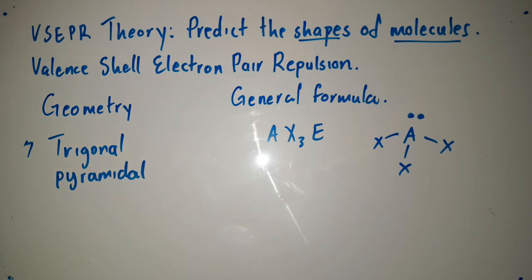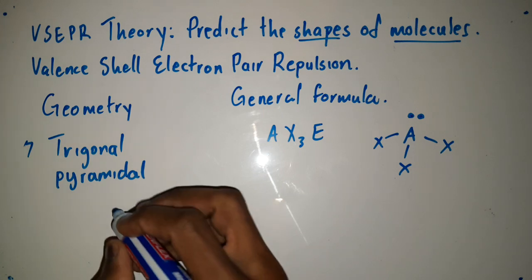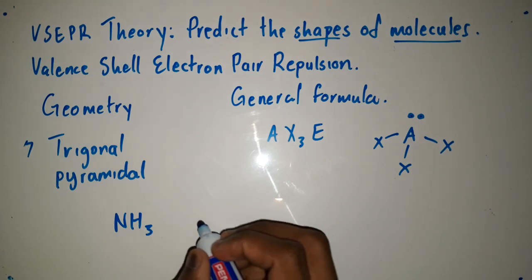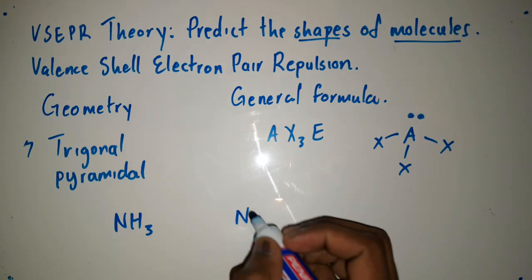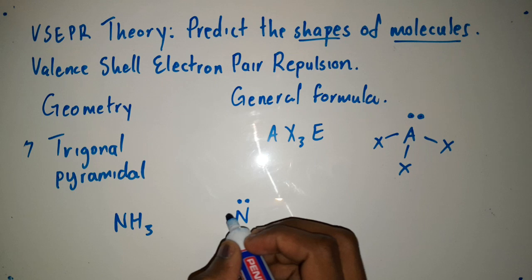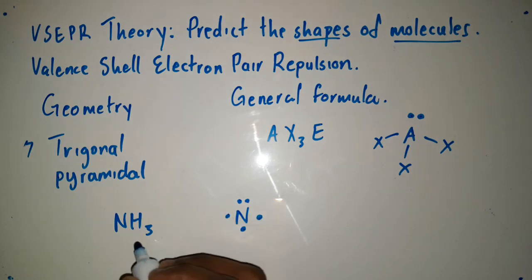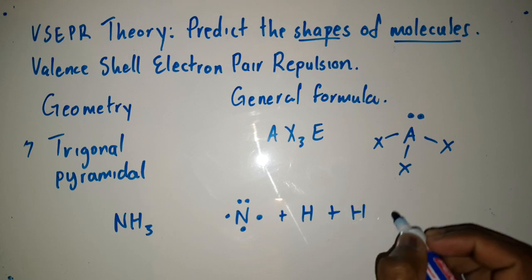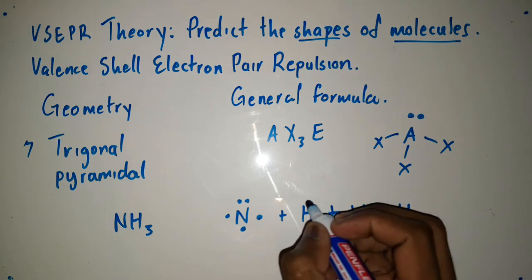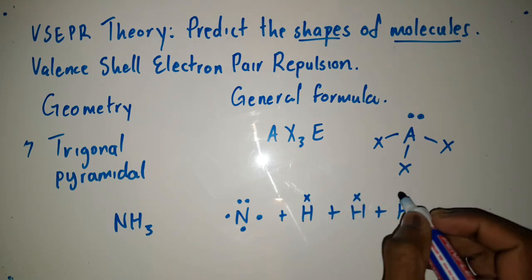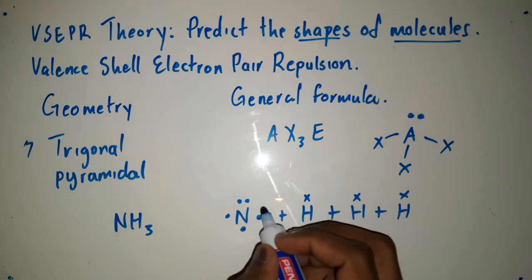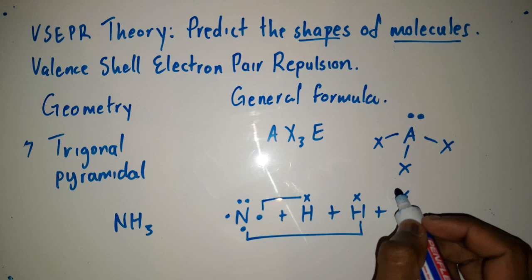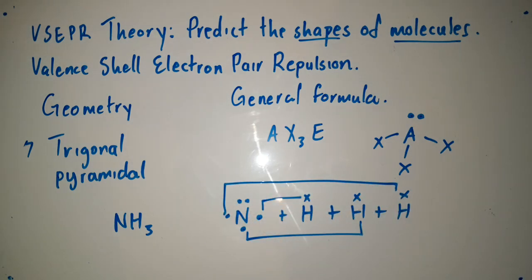For this one we have ammonia, NH3. We know that N has 5 valence electrons. Then how many H's do we have? 3 of them, like this. This goes with this one, this one with this, and the last one with this.